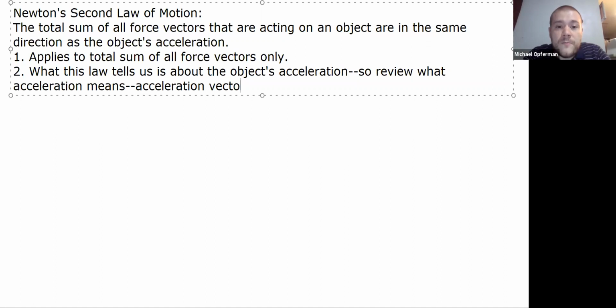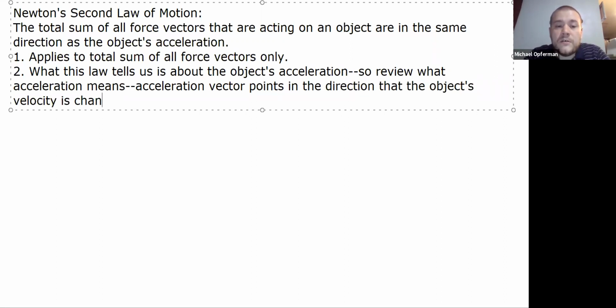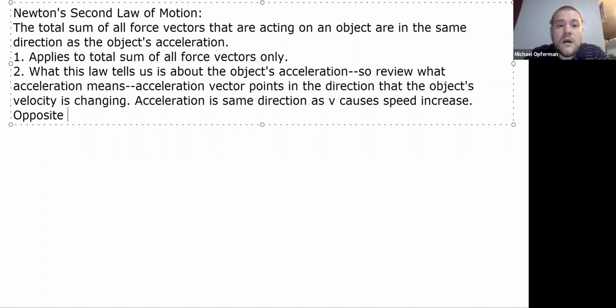acceleration vector points in the direction that the object's velocity is changing. And remember that acceleration in the same direction as velocity causes a speed increase. Opposite direction from velocity causes a speed decrease.